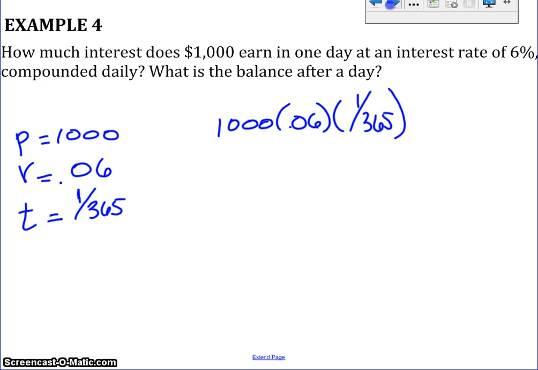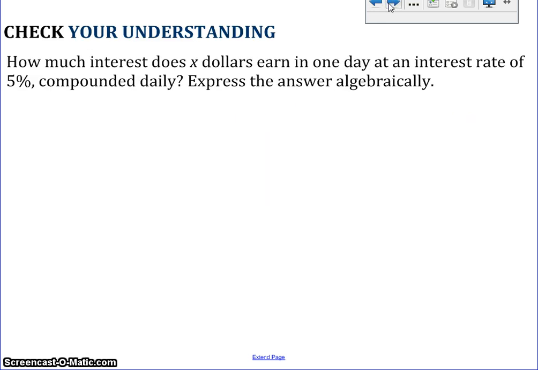Now, when you're plugging this into the calculator, it's very important that you include the parentheses around that, or PEMDAS will not follow the process correctly. When I multiply that through, I actually get an answer of 0.16. So in 1 day, I earn 16 cents on that account. Please press pause, solve this, and come back to me.